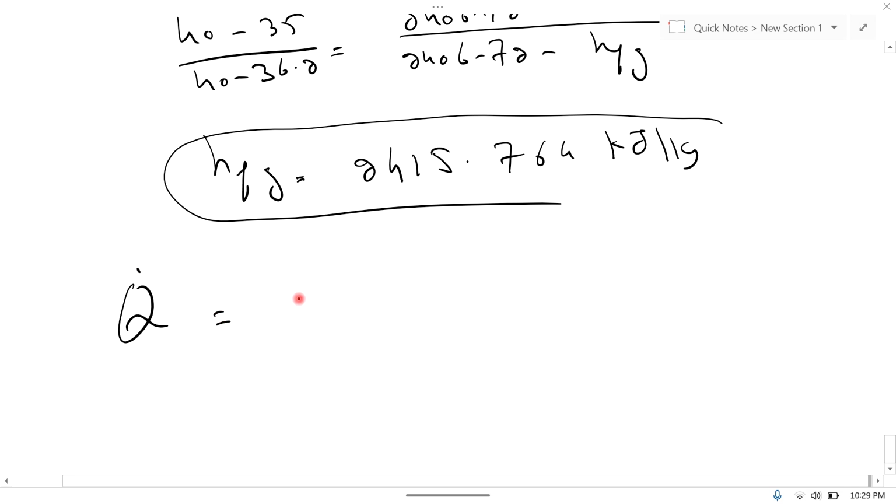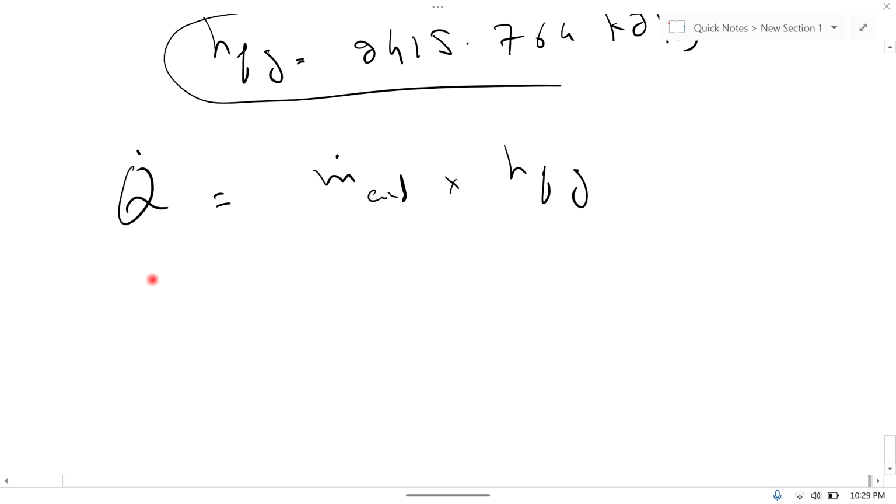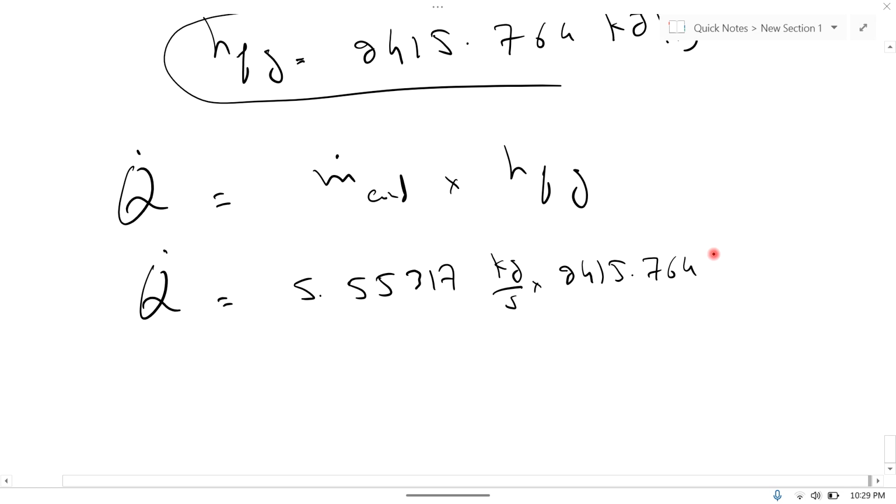Now we can easily find heat rejected. So Q dot is equal to m dot, mass flow rate of condensate, multiplied by latent heat of vaporization. So Q dot is equal to 5.55317 kilogram per second, and hfg is equal to 2415.764 kilojoule per kilogram.